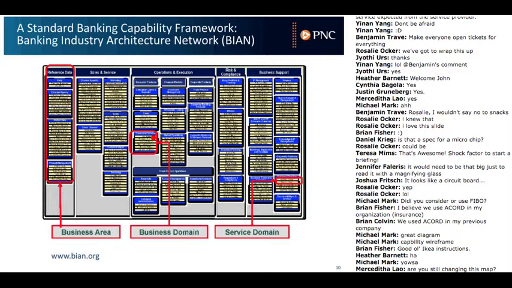So this is fairly stable. It doesn't change. The last change from version 3 to version 4 deleted, I think, 2 service domains, added a new one, and renamed a couple, but they were merely clarifications.